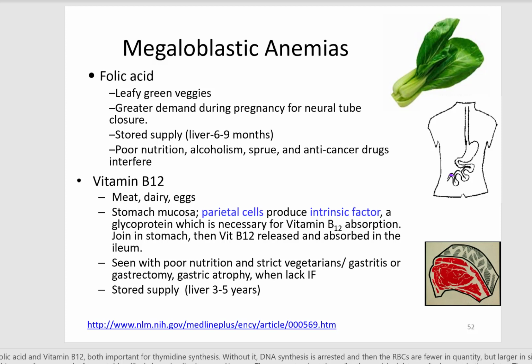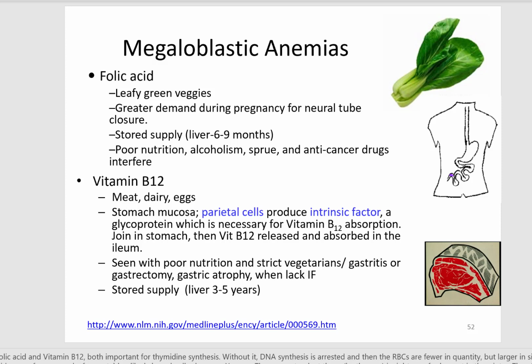In the case of vitamin B12, we can also see that a person can have a lack of vitamin B12 if they have a gastrectomy or gastric atrophy. The reason why this could be a problem is that we have cells, parietal cells, in the gastric mucosa.